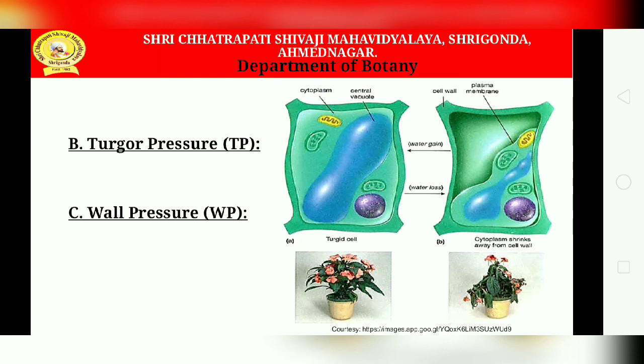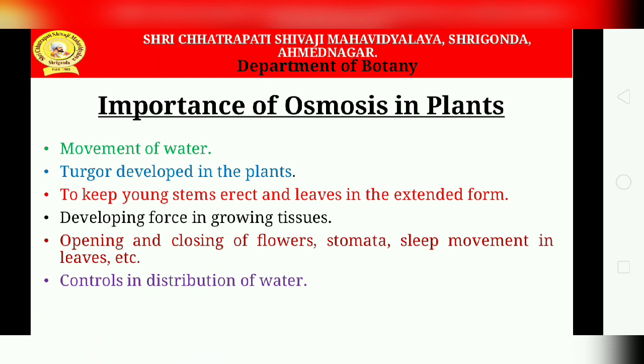Now the next part is the importance of osmosis in plants, or the role of osmosis in plants. First, osmosis plays an important role in plant water absorption. The movement of water from one living cell to another within the plant is due to osmosis.